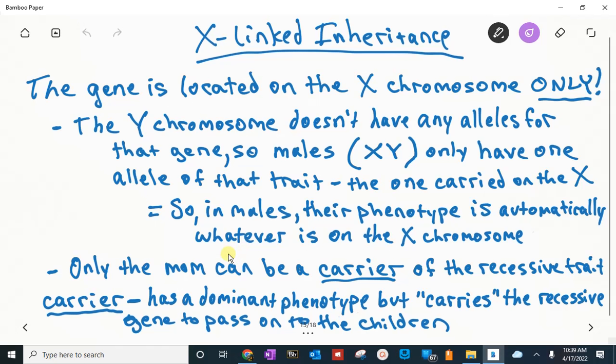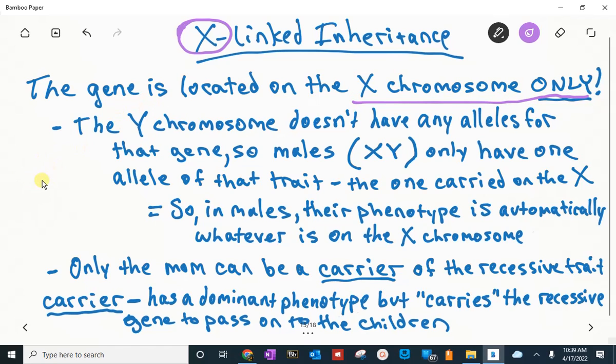So our final way to genotype these is when we're dealing with X-linked inheritance. X-linked means it's only passed down on the X chromosome. So the gene is located on the X chromosome only.